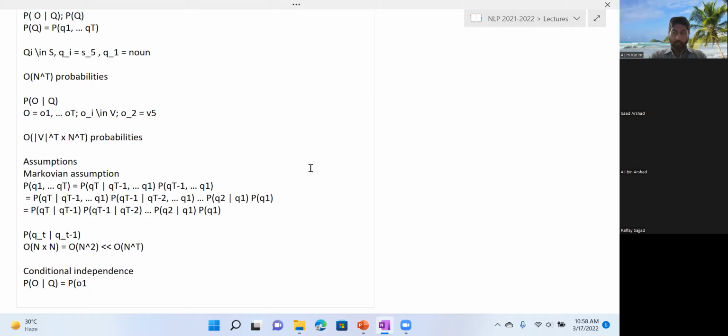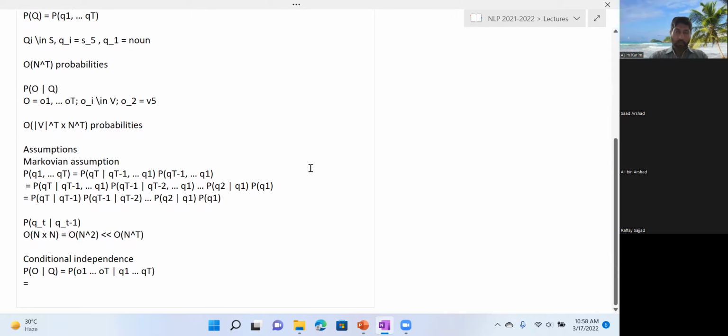So this basically then reduces to, of course, let me first write this. So this is O1 to OT given Q1 to QT. Okay? So this would then reduce to the product over all t of the probability of small ot given small qt.